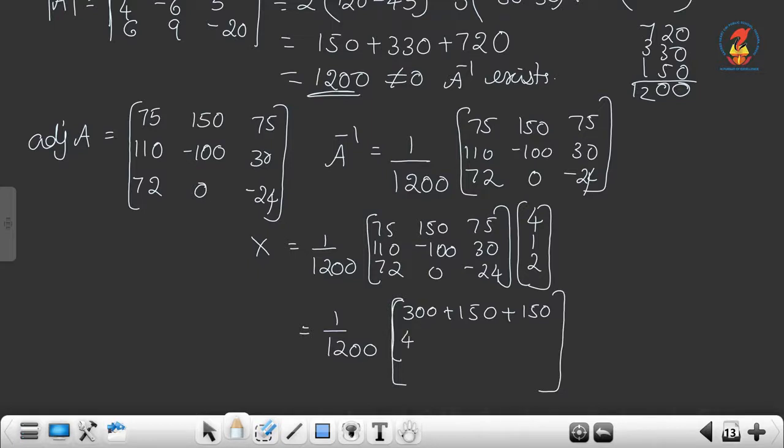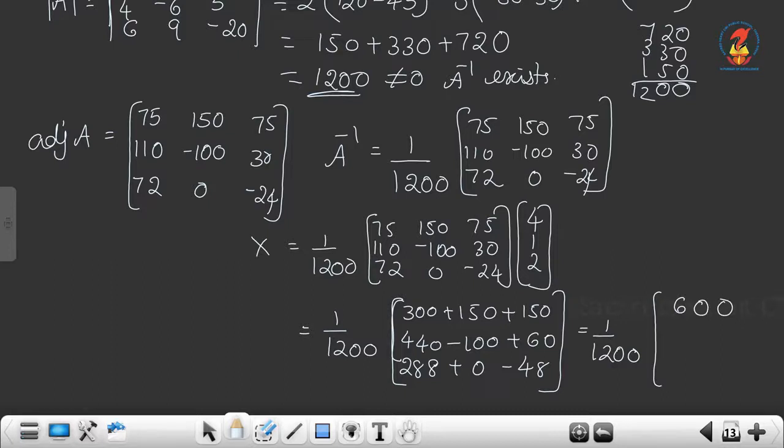Then next row 440 minus 100 plus 60. Now 72 into 4 is 288 plus 0 minus 48. So 1 by 1200 of 300 plus 300 is 600. Then 440 minus 100 minus 60 becomes 400. Then 288 minus 48 is equal to 240.